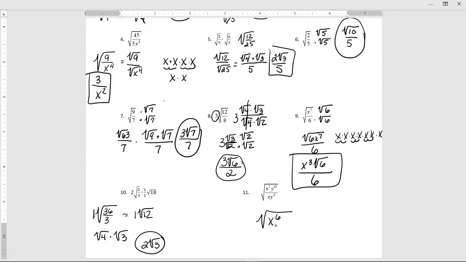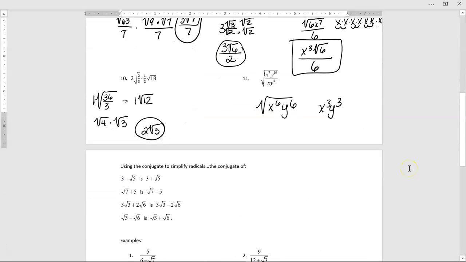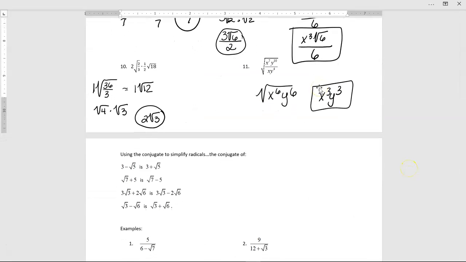And if I'm dividing y to the 10th by y to the 4th, I'm going to subtract and I'm going to have y to the 6th. Now I have 3 separate pairs. So my square root of x to the 6th is x to the 3rd, and y to the 6th is y to the 3rd. Let me just finish up here. Y to the 3rd.